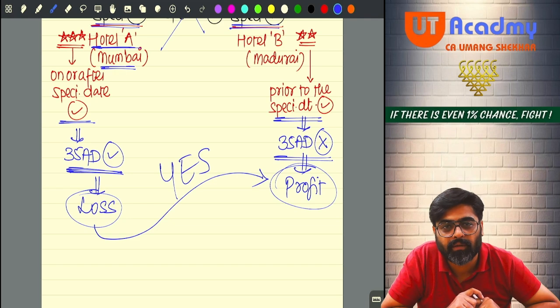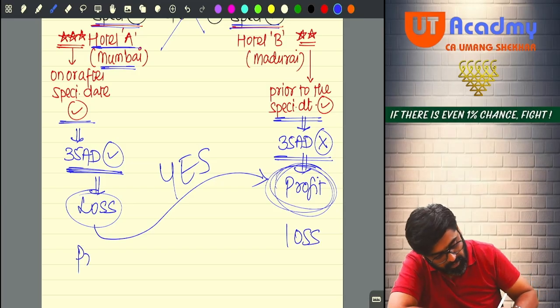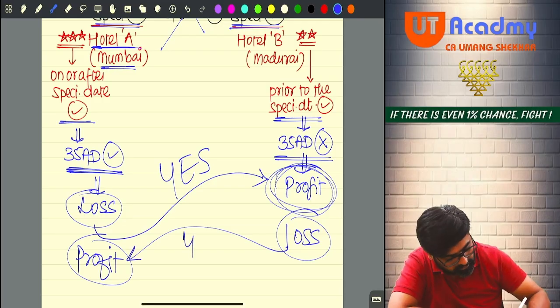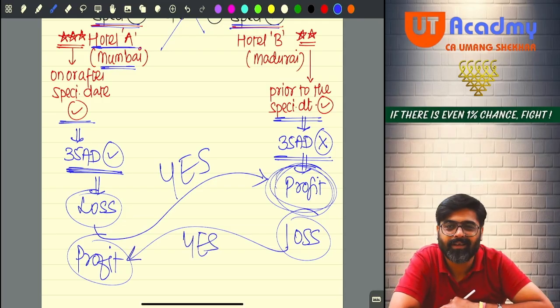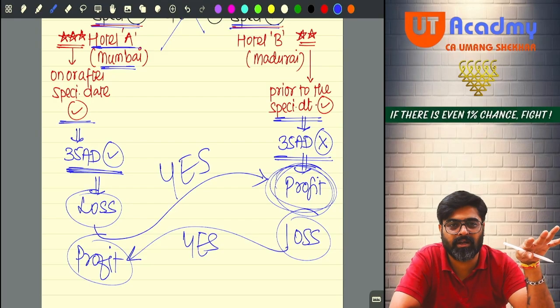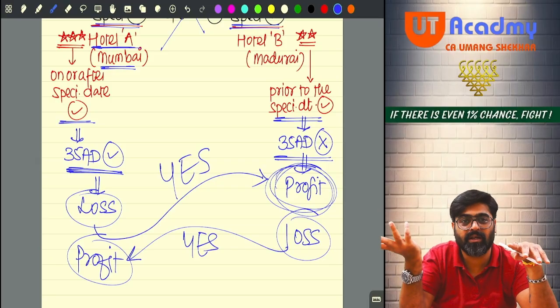Getting my point? What if this loss is coming here? Here it was loss and here it was profit. Can it be adjusted here? Yes. This is also yes. It is not required, no. The loss of a specified business for which no 35 AD deduction was available can be adjusted against the profit of that business for which 35 AD deduction is available.